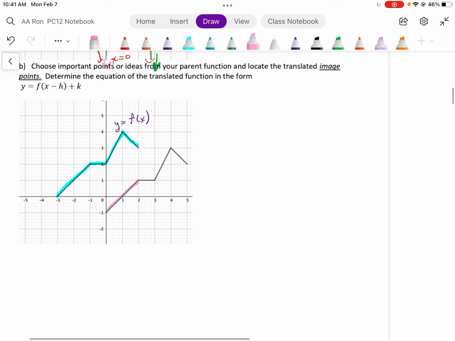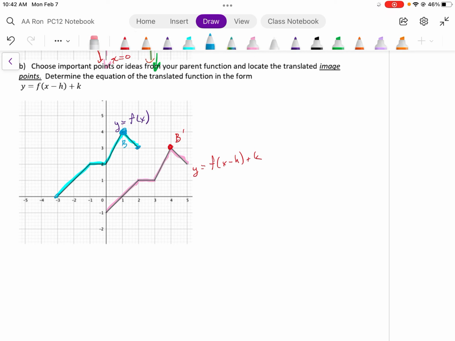Now, how does y is equal to f of x change so that it becomes y is equal to f of x minus h plus k? So first off, I'm going to look at important points, like this point way up here, and I'm just going to arbitrarily call this point B. It looks like it's going to be fairly important. So it moves to B primed.